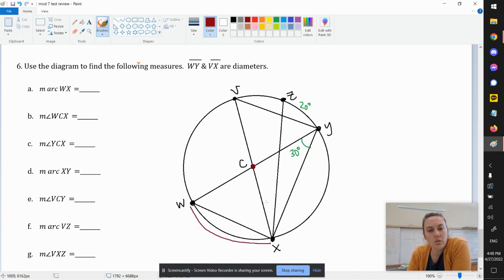The only thing we know about arc WX is that this pullback of WX, this angle WYX, is 30. When the pullback is 30, that means the actual arc is 60. We know that because the inscribed angle, or the pullback angle, is always half of the arc that it shares a start and a stop with.